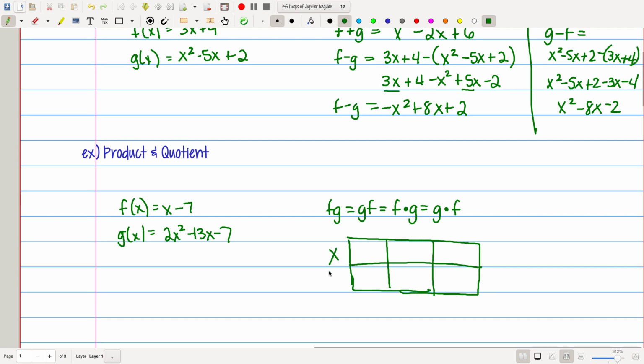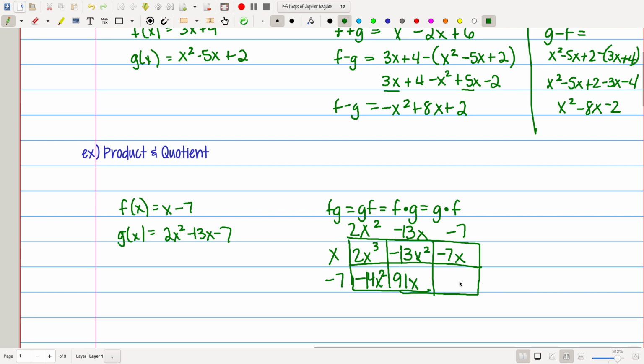I've got an x minus 7, 2x squared minus 13x minus 7. So let's see here. I'm just going to go through this pretty quick. Let's see, so that would be negative 14x squared. That would be 91, I believe.